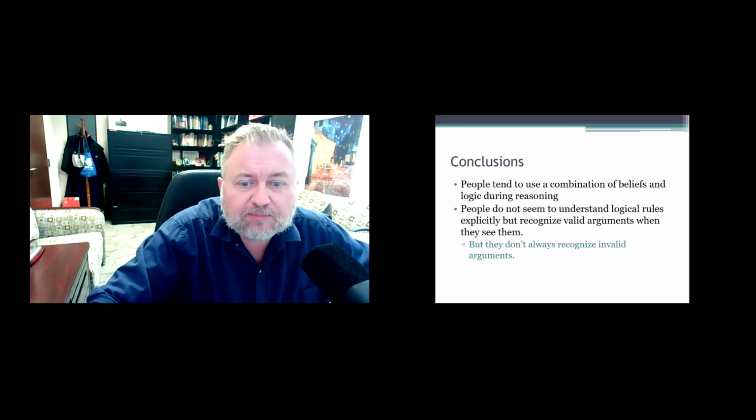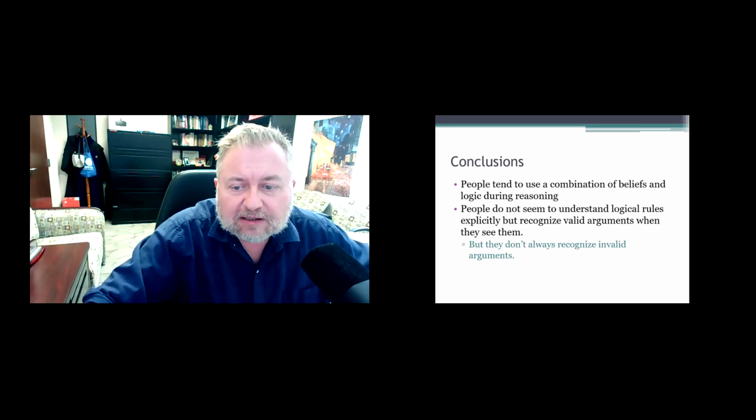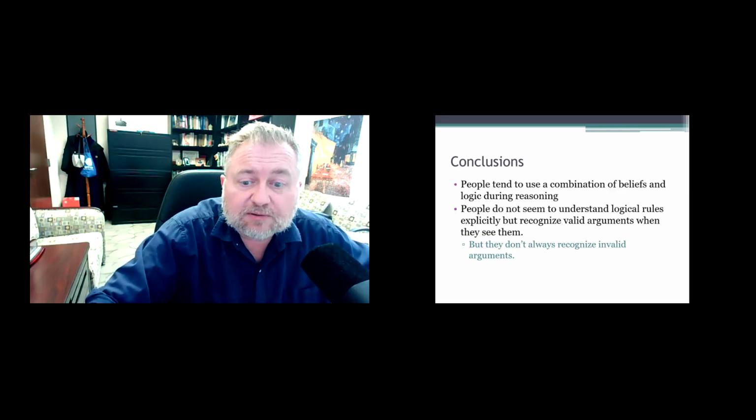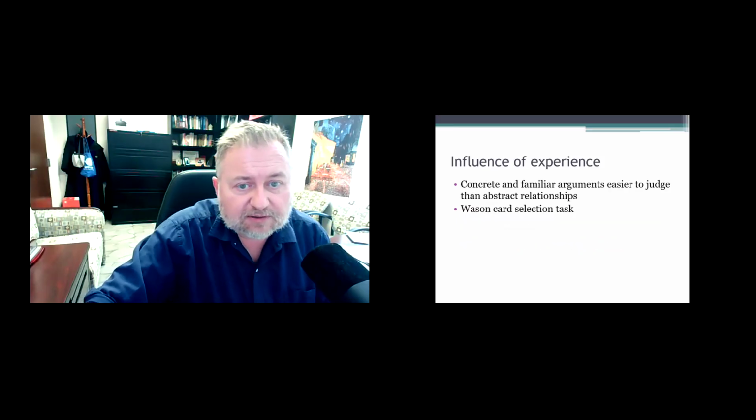So in this case, maybe people can't necessarily label all of the details of the logical rules, like mapping out modus ponens and modus tollens. But they do at least have some ability to distinguish valid and invalid arguments. But again, the believability is going to factor into this a little bit as well.